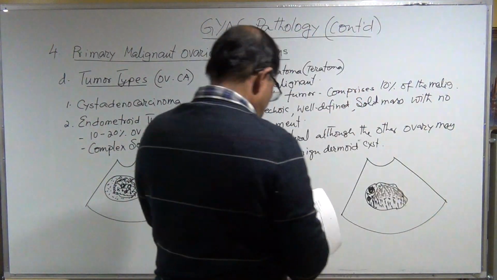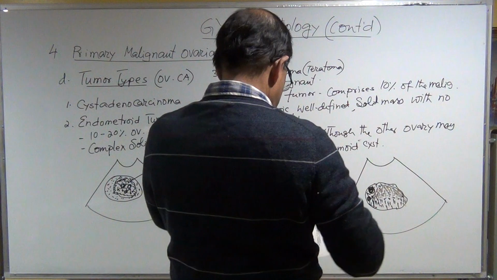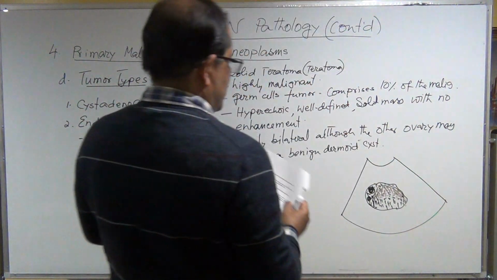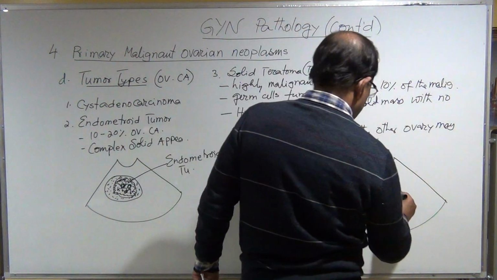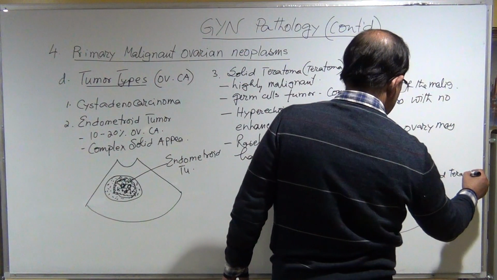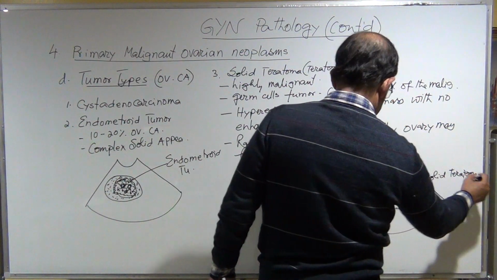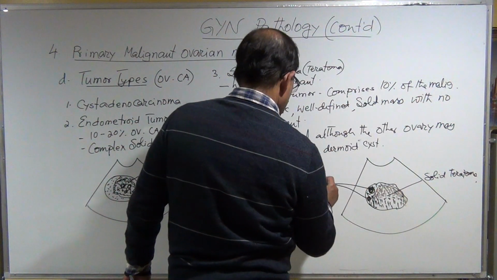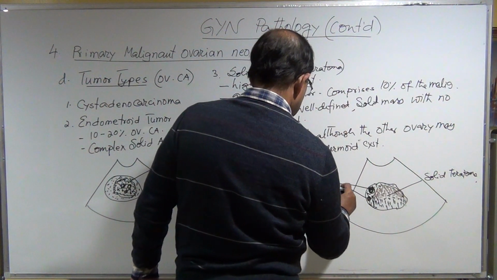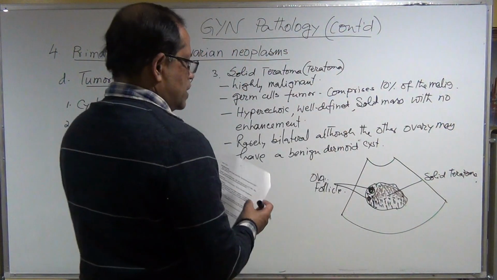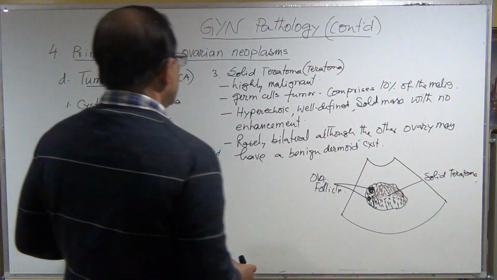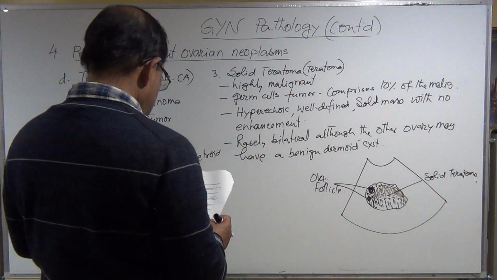You're going to see the loss of architecture of the ovary. Ovarian architecture is lost. This is solid teratoma, and this is an ovarian follicle. You can see this. Okay, and this is a germ cell tumor, as we know.